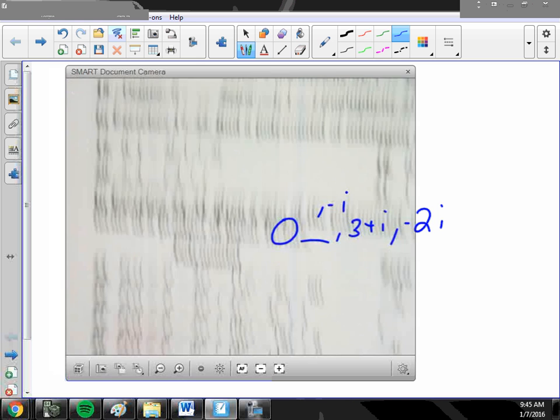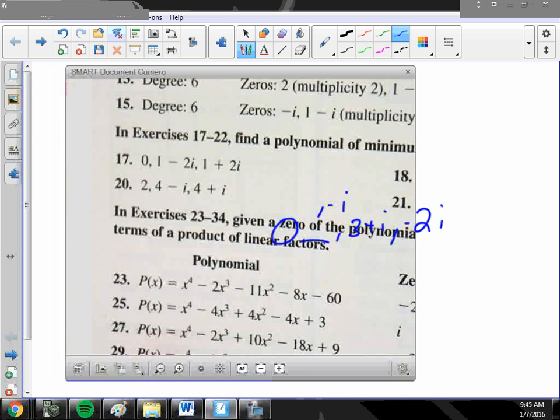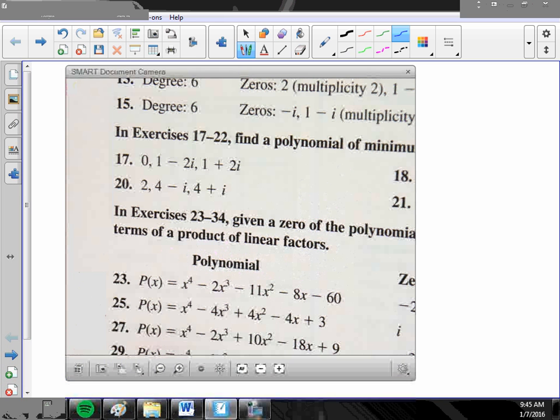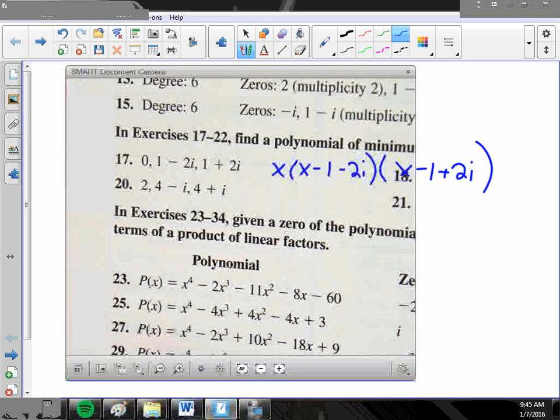So if you look at 17, 17 is going to be x times x minus 1 minus 2i and x minus 1 plus 2i. Does everybody understand that?